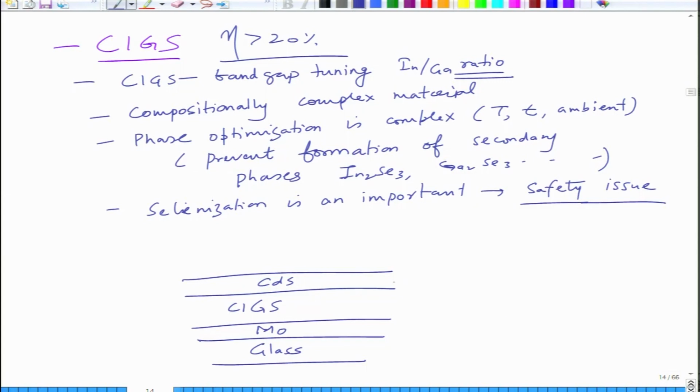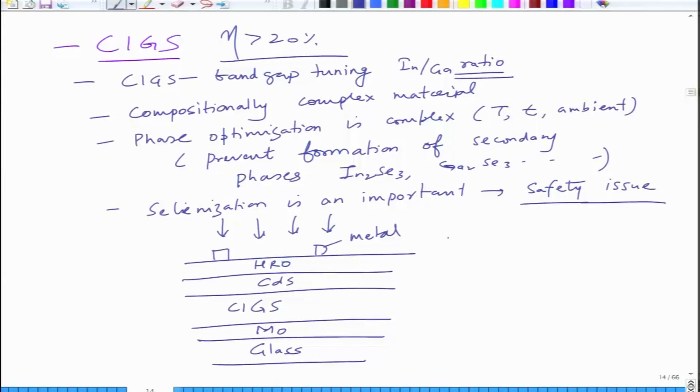So, CdS deposition is after the CIGS deposition. This is the difference with respect to cadmium telluride. Then of course you have a high resistance oxide layer, and then you have metal contacts. Okay. So, here the light comes from the top. As a result, the optimization of the top grid is important, just like in silicon, because light cannot come from the glass side, since you have a metal electrode there. So, here top electrode design is important.